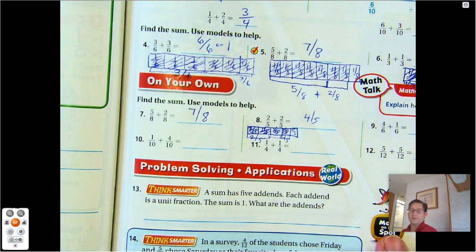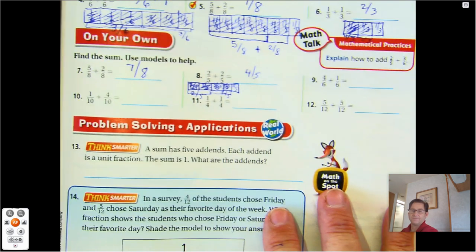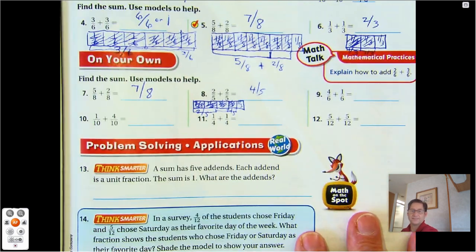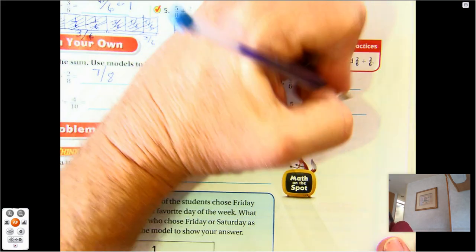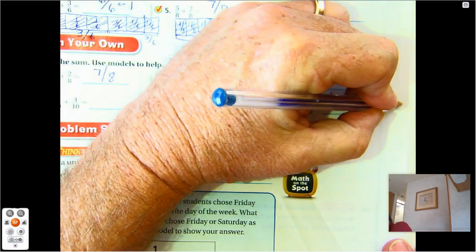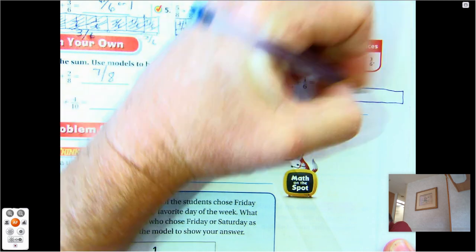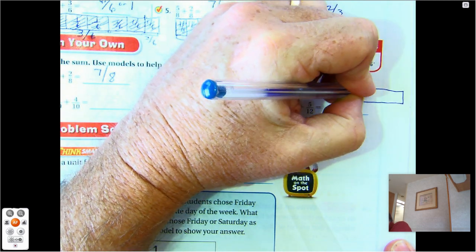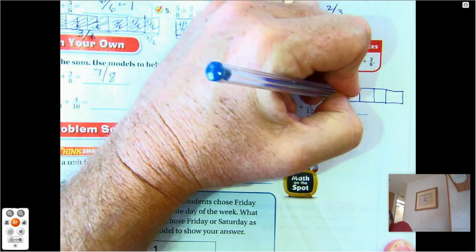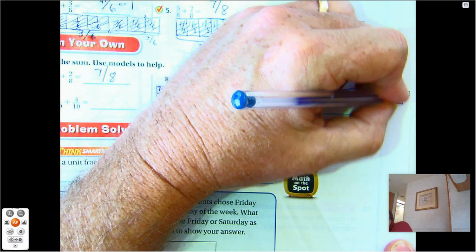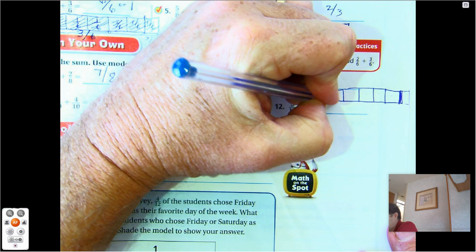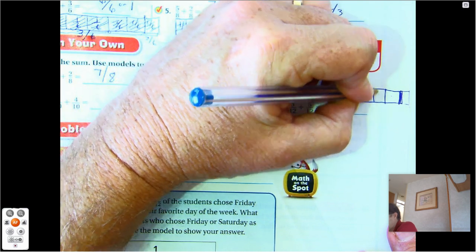Number 9. So sixth size pieces. Write in 1/6 to show what each of the pieces represent.